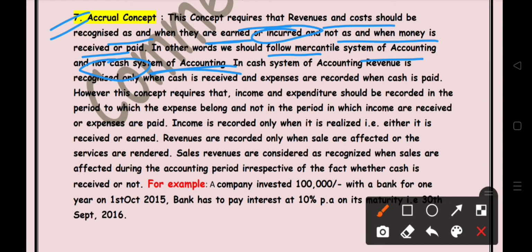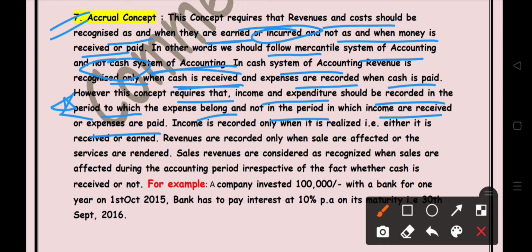No, we will record our transactions on a credit basis also. In the cash system of accounting, revenue is recognized only when cash is received and expenses are recorded when cash is paid. However, this concept requires that income and expenditure should be recorded in the period to which they belong and not the period in which the income is received or the expenses are paid.